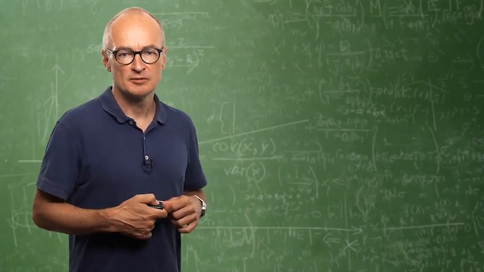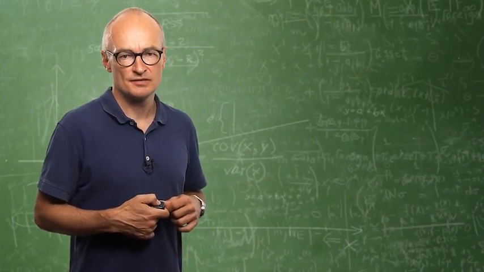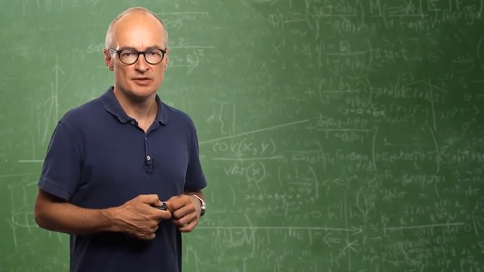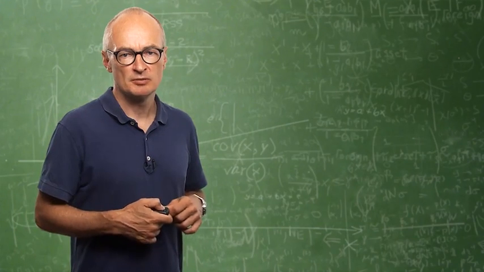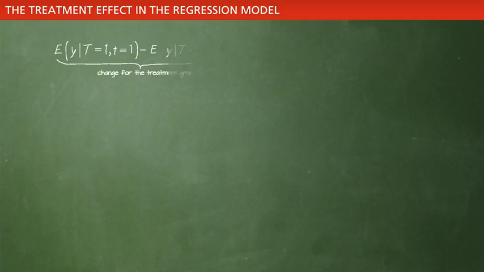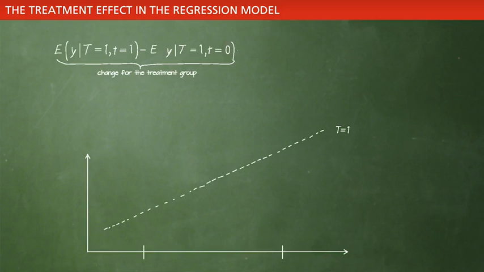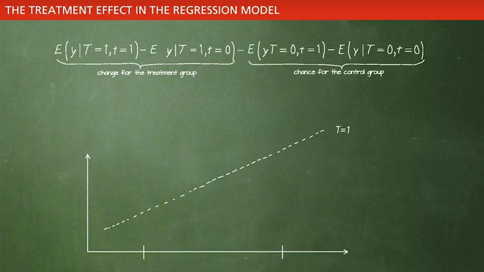Now finally, we want to see how the model captures differences in differences between the control and treatment group across time. The data is the average difference across time for the treatment group minus the average difference for the control group.